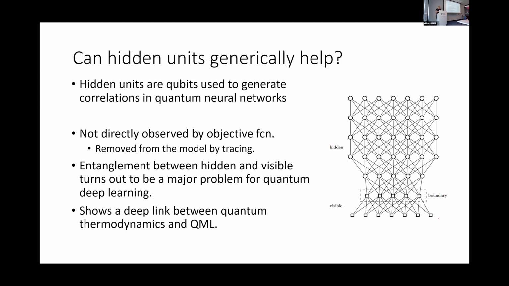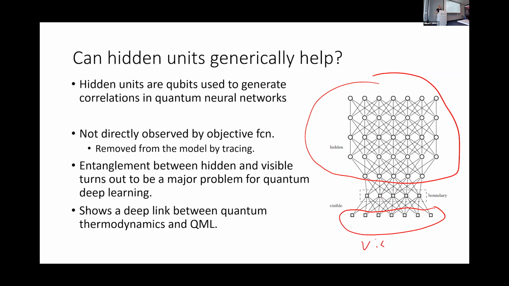So first question: can hidden units generically help? Well, this is one of the great hopes that we had. The idea is, imagine that you've got a deep model, something that looks like this, where we've got some latent space at the top and some visible space down at the bottom.